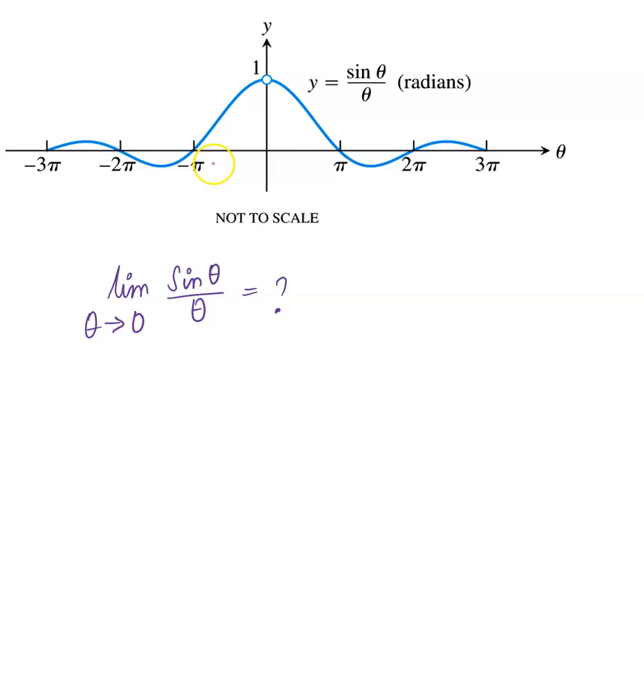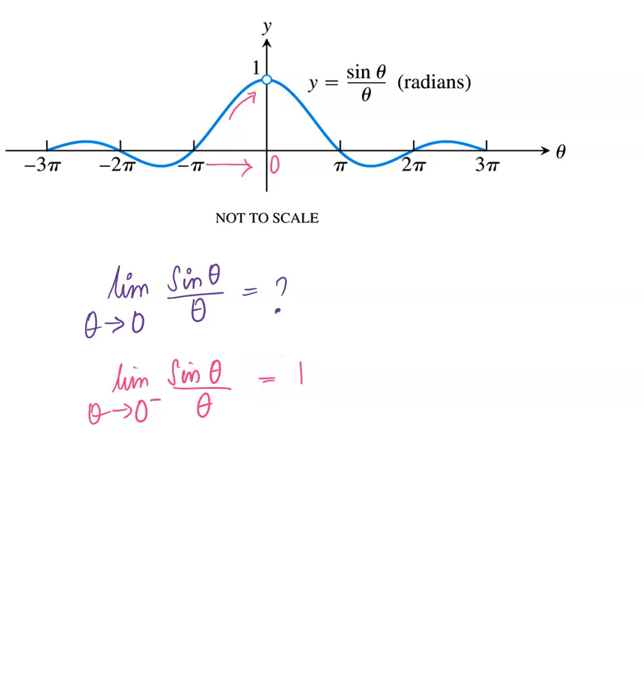So graphically speaking, this is 0, right? We are approaching 0 from the left, and correspondingly your graph approaches 1. So the limit of sine theta over theta as theta approaches 0 from the left will be 1.